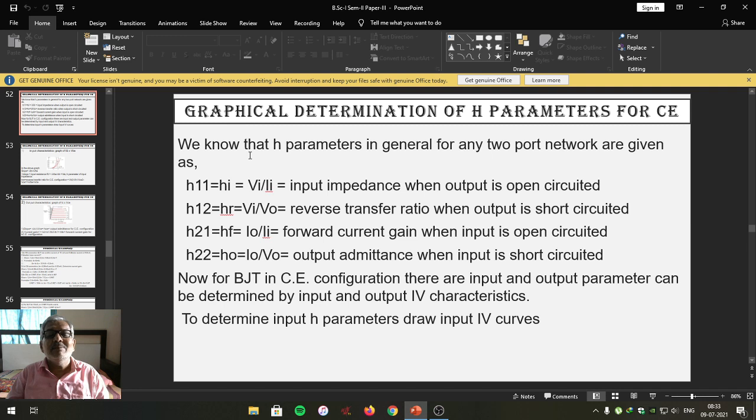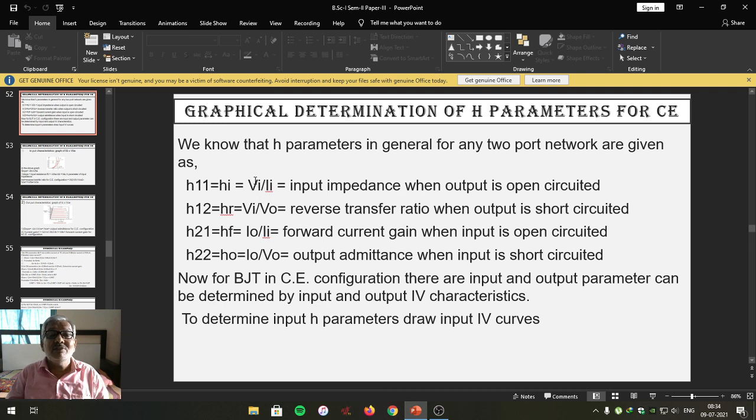Friends, we know that H parameters in general for any two-port network, which we have already studied, are represented as follows. The first parameter is H11. We can represent it as Hi, and it is defined as the ratio of Vi upon Ii.